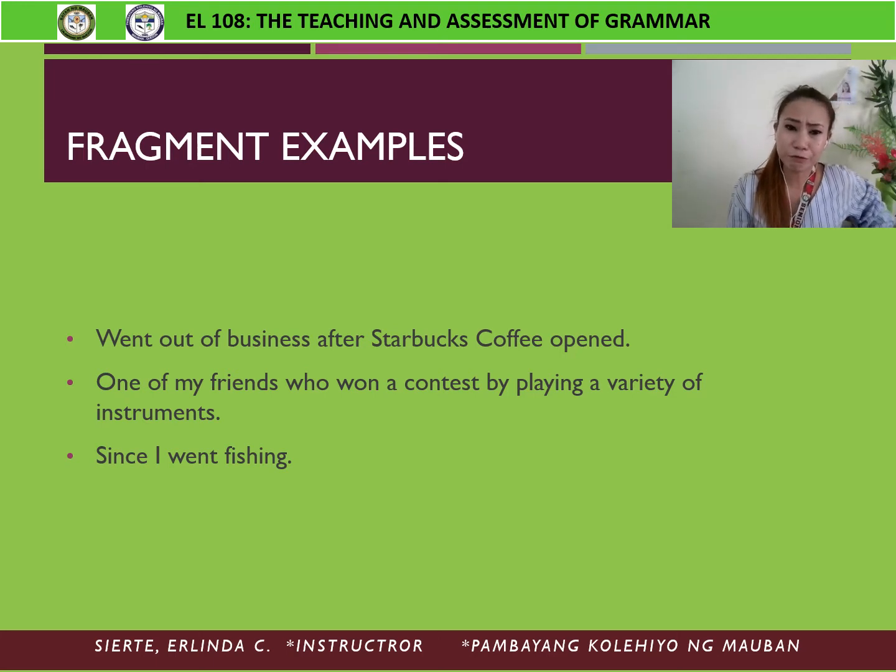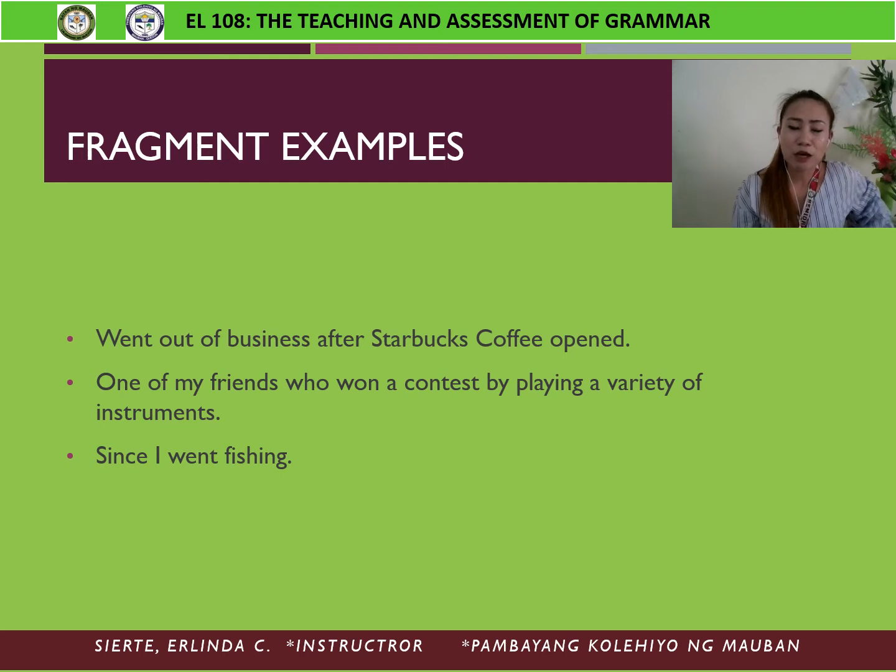Next: One of my friends who won a contest by playing a variety of instruments. On the second sentence, we have the subject, but what's going on? What's the matter? After winning a contest by playing a variety of instruments, so what happened?